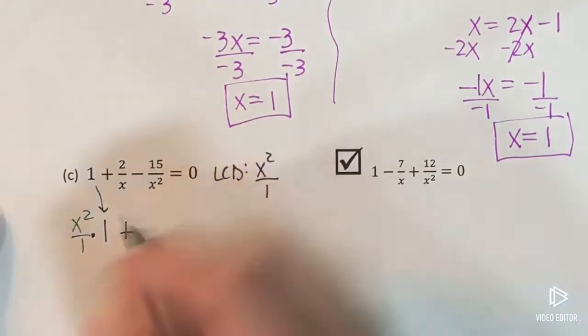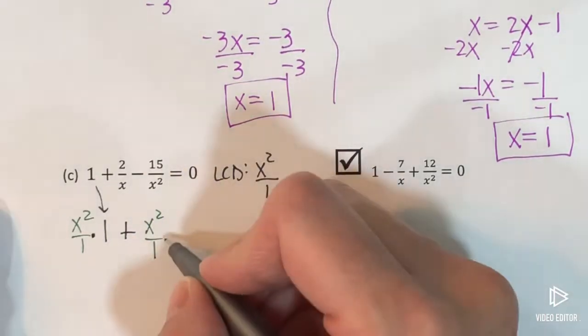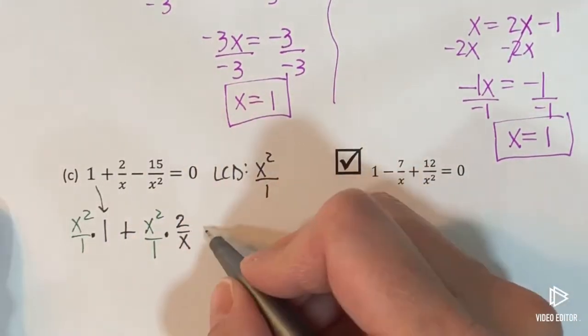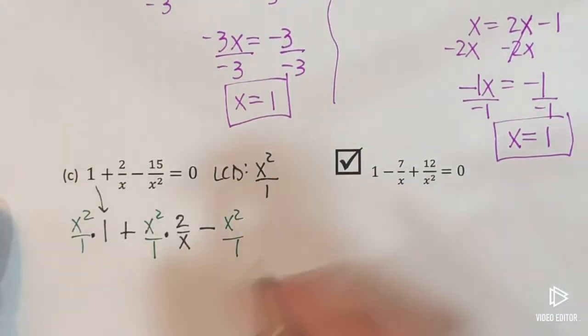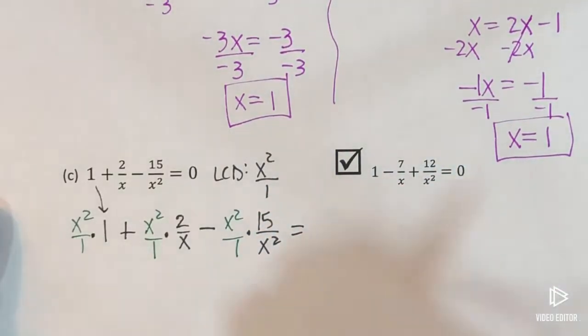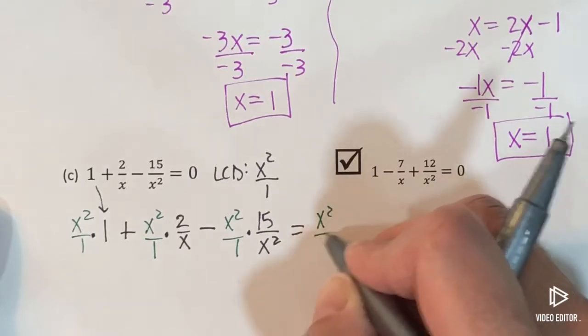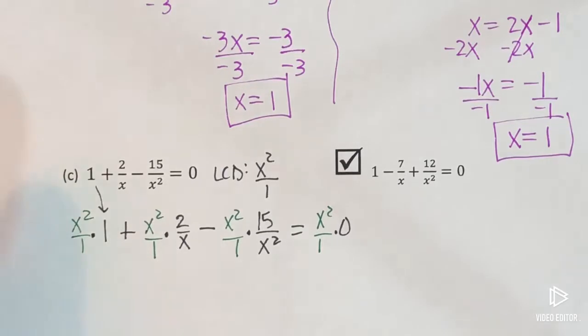Then I have plus x squared over 1 times 2 over x minus x squared over 1 times 15 over x squared, and don't forget the right side, equals x squared over 1, and in this case it's times 0. Okay, so in black are my original terms, and then my LCD over 1 is in green.